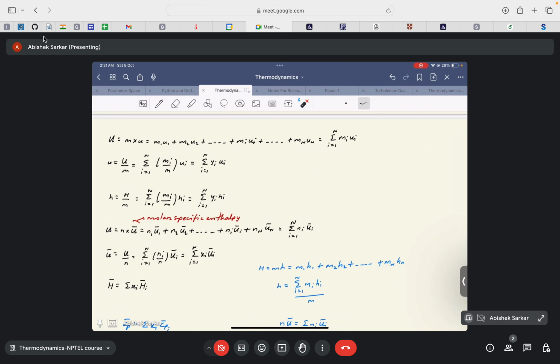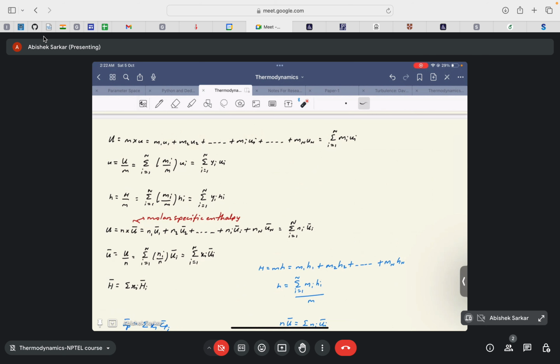So if you're considering a mixture of O2, N2, CO2, and other gases, U1 is the specific internal energy of oxygen in the mixture. U2 is the specific internal energy of nitrogen in the mixture. U3 is the specific internal energy of the carbon dioxide in the mixture.